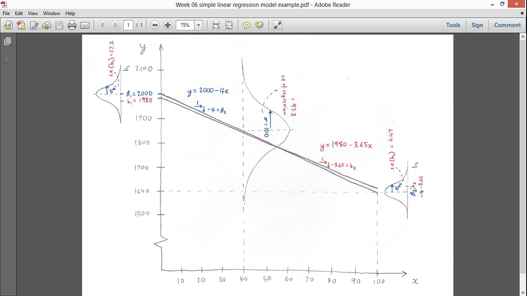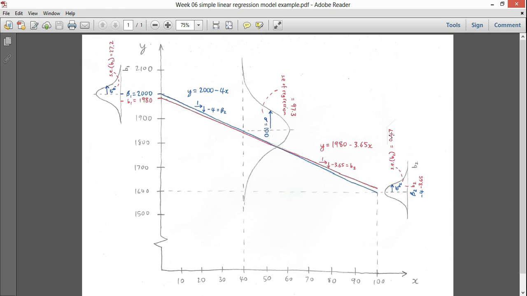In my sample of 50, it was a little bit below the true, I probably should say above. It's less negative than the true population value. This sampling distribution, as well as having this mean or expected value, has dispersion that's measured by its standard error, and in our sample we came up with an estimate of 0.47 for the standard deviation.